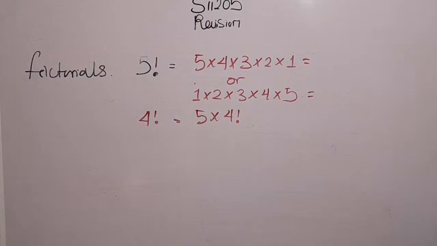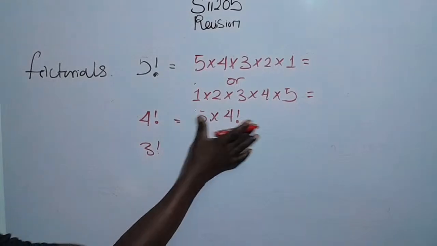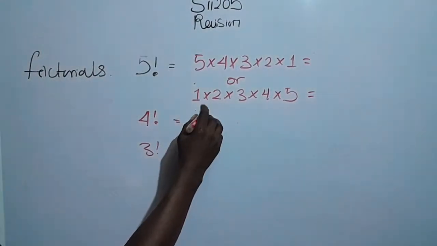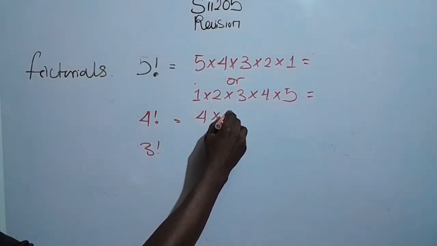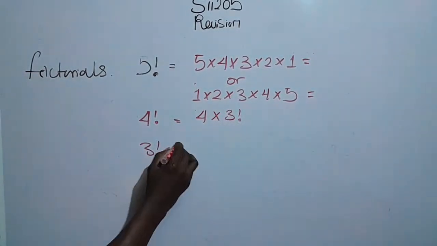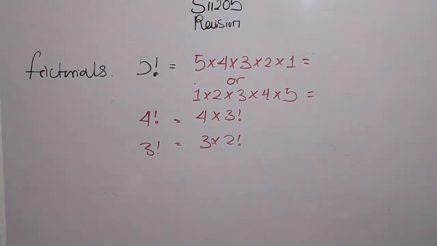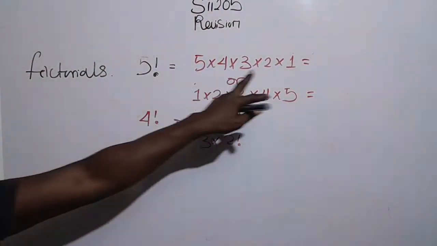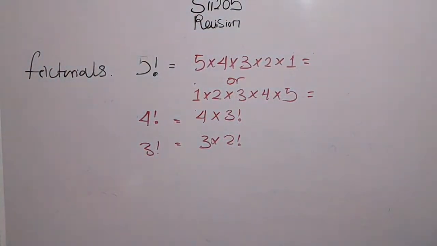Or if you are given 4 factorial, it will be 4 multiplied by 3 factorial. If you are given 3 factorial, it will be 3 multiplied by 2 factorial, since you already have the answer for 3 factorial, and for this you already have 2 factorial.